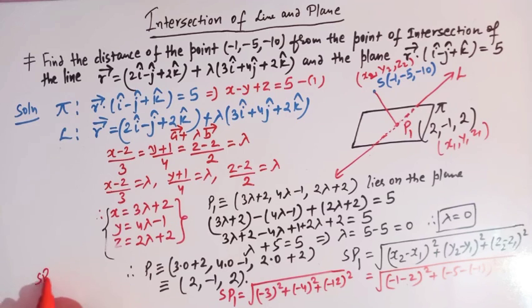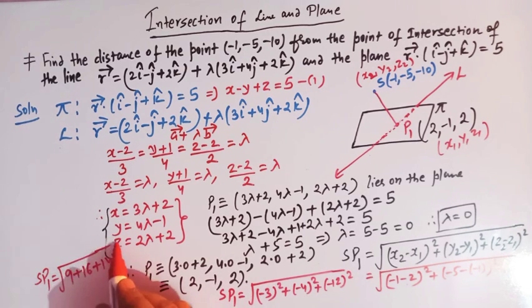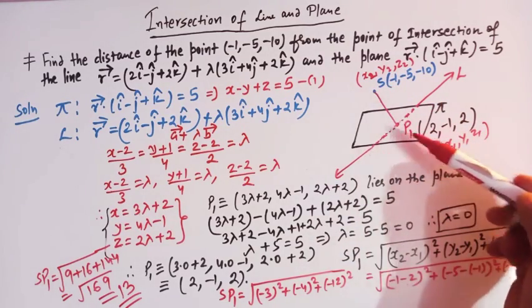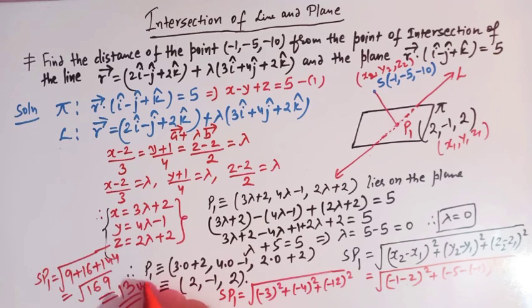So SP1 is now equal to square root of 9, minus 3 square is 9, then minus 4 square is 16, and minus 12 square is 144, right? So if we add all these three numbers, we get 169, that is square root of 169 is 13. So the distance between the point S and P1 is 13 units, right?